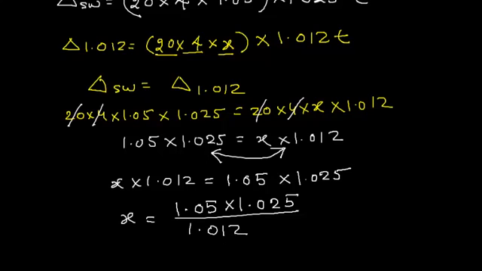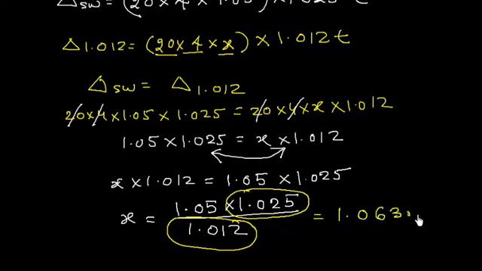So this is the density of salt water, and this is the density of dock water, and this is the draft. So I get the result as 1.063 meter. Well, you can also punch it in your calci and you will get this up to 3 places, 1.063 meter.